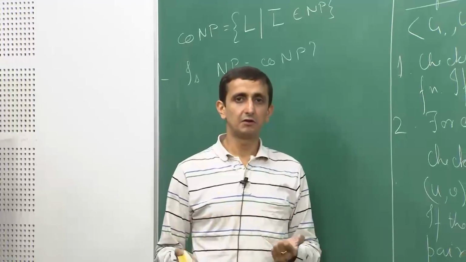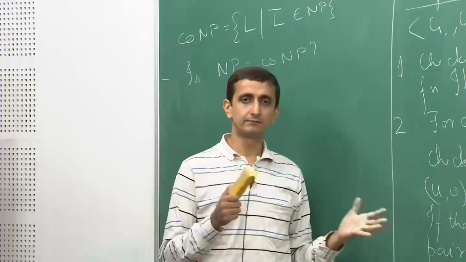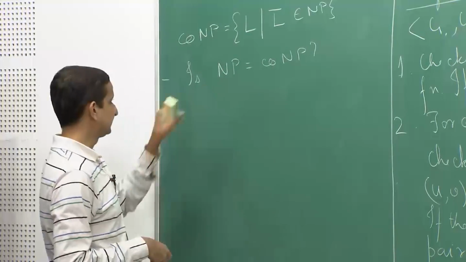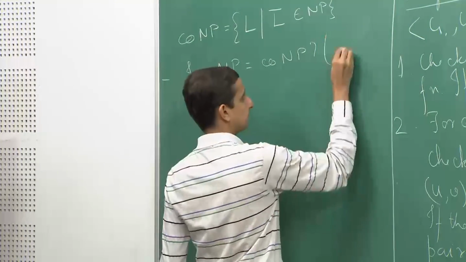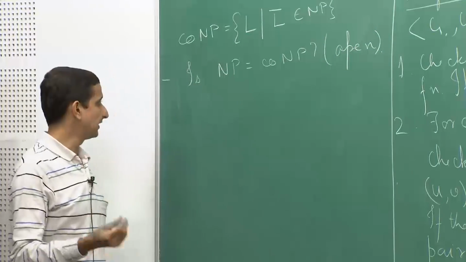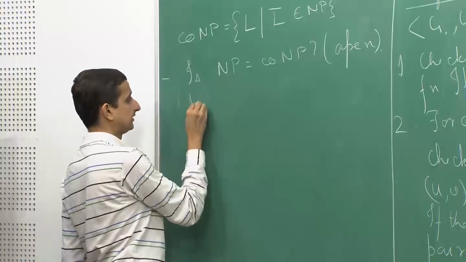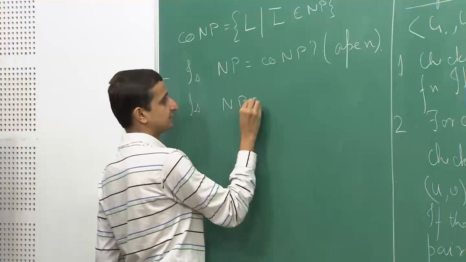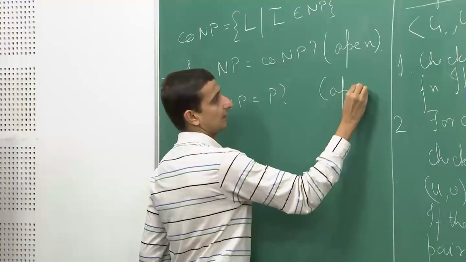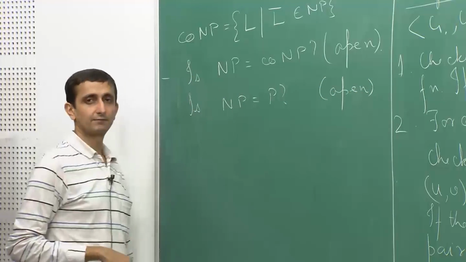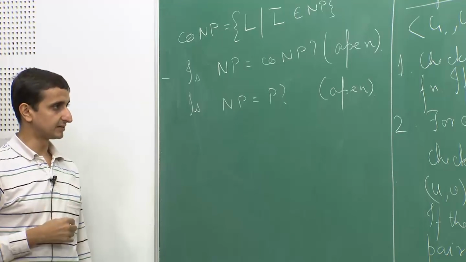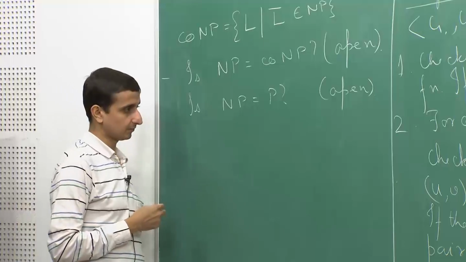So, there is no way in which I can convert the first type into the second type or vice versa. Okay. So, as it turns out, this problem is an open question, and of course, so is the question NP versus P. Okay. So, this is also an open problem. In fact, this is one of the famous open problems in computer science and mathematics.